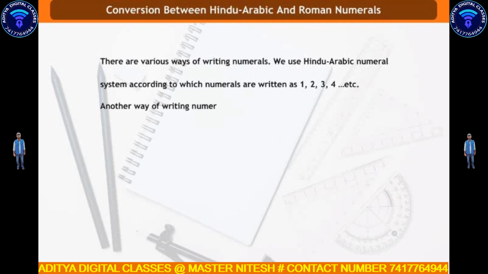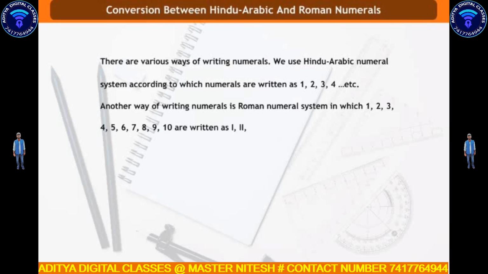Another way of writing numerals is Roman numeral system, in which 1 to 10 are written as I, II, III, IV, V, VI, VII, VIII, IX, X respectively.